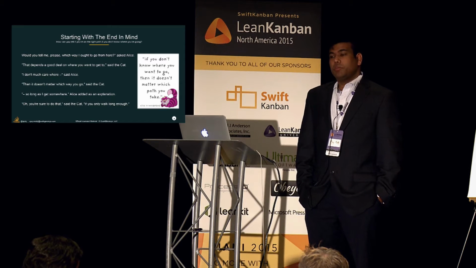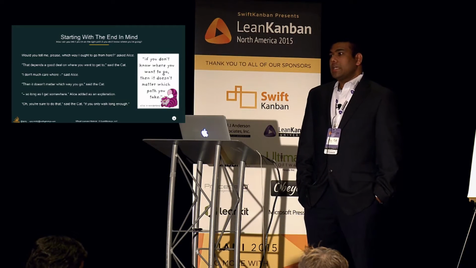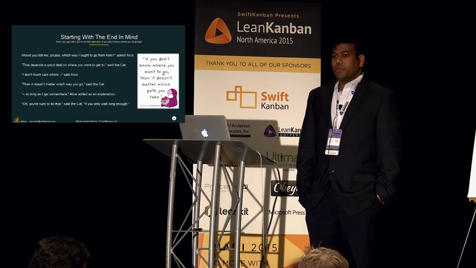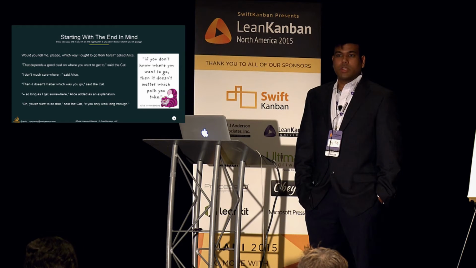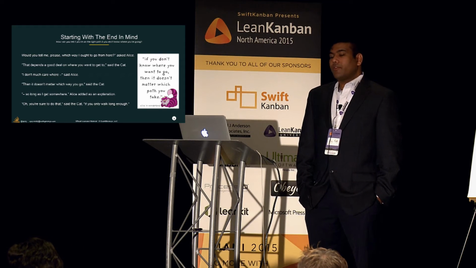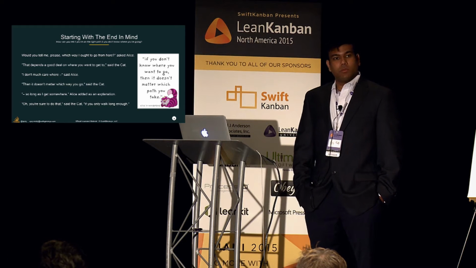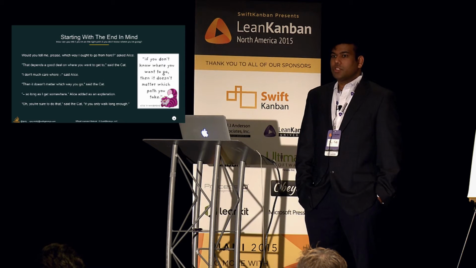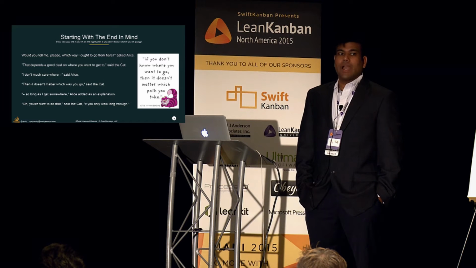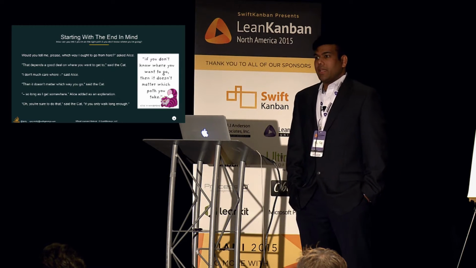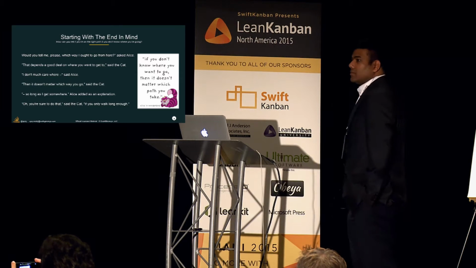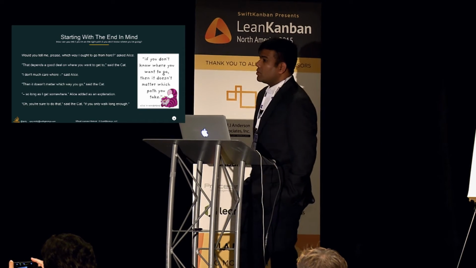The point is that it has nothing to do with any framework, the problems that people see. Largely, people in organizations don't know why they're doing what they're doing, for whom they're doing it, and what value they provide. There is a fundamental lack of vision. It's not to do with the framework, it's to do with a vision of where they're going and why. This anecdote from Alice in Wonderland talks about direction being important.